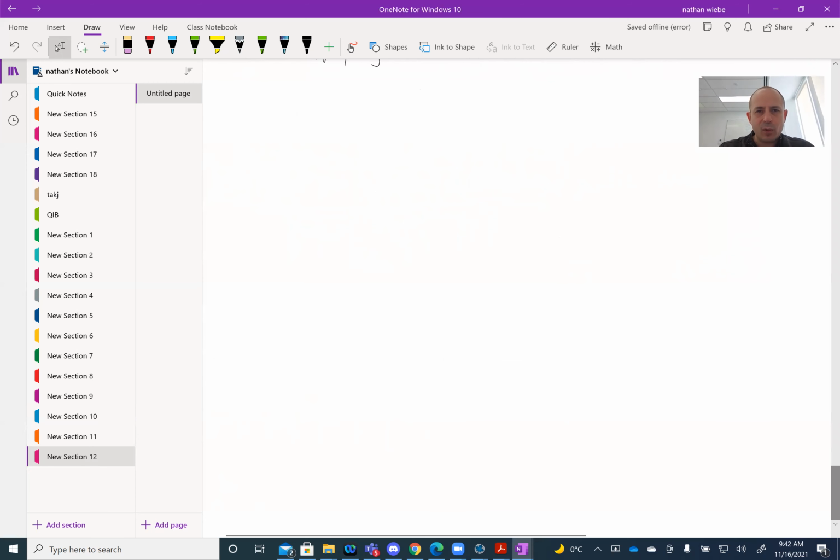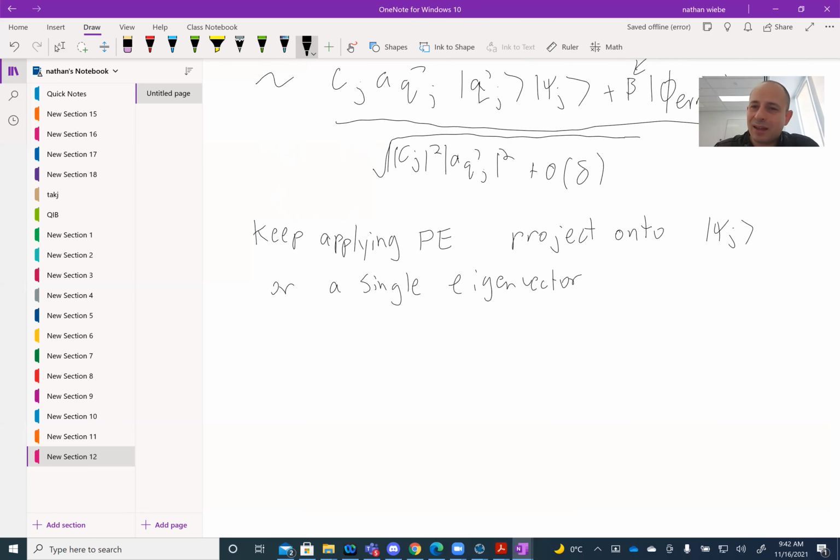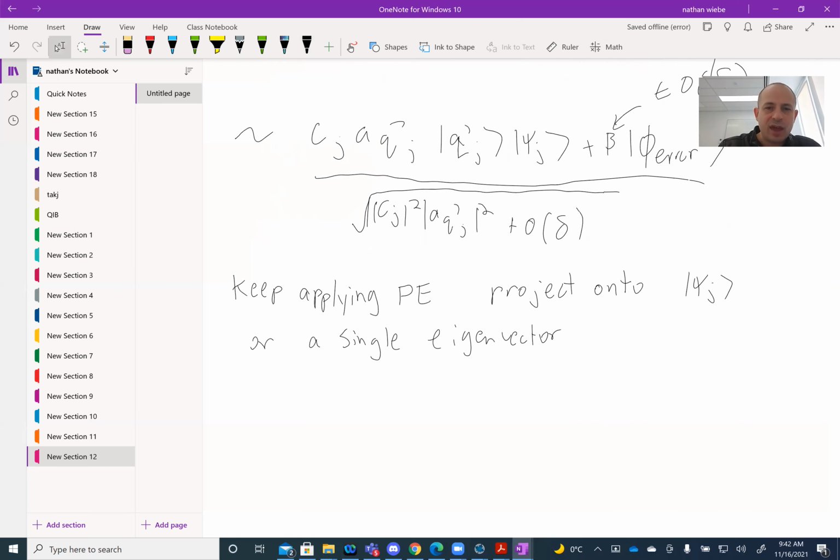As we collect more and more data, then we will project ourselves onto a single eigenvector. Because what we'll have is some small probability, like order delta, or small amplitude order delta, on these erroneous states and order 1 amplitude here.